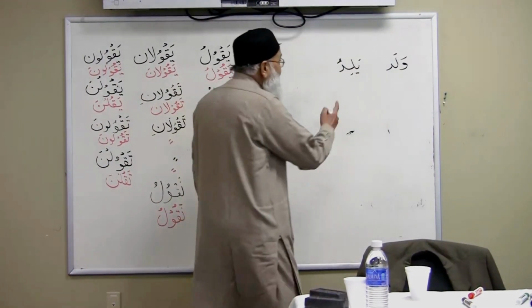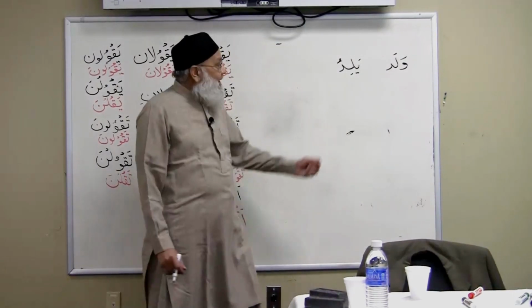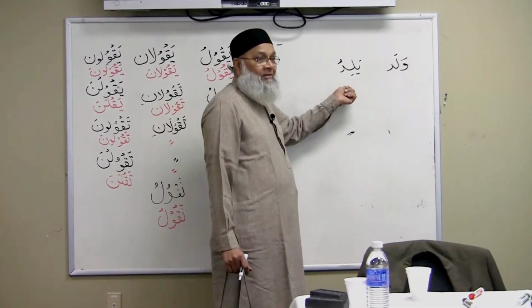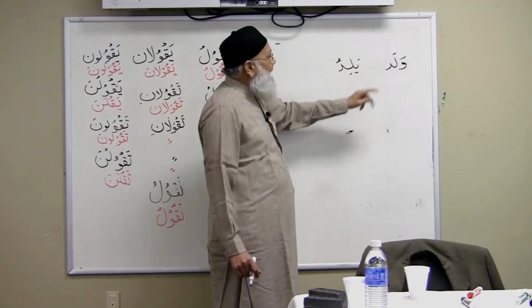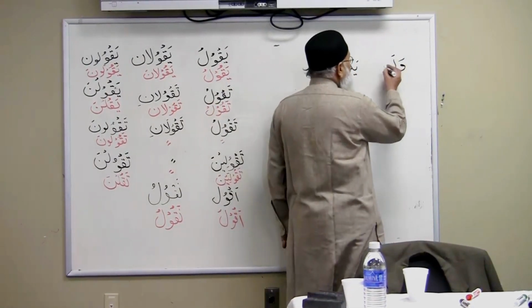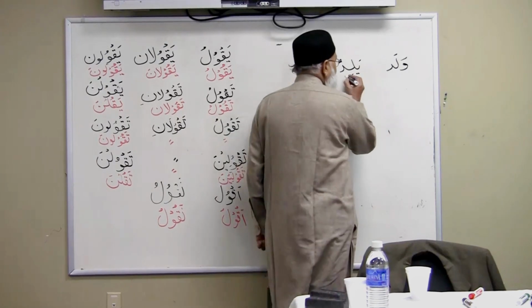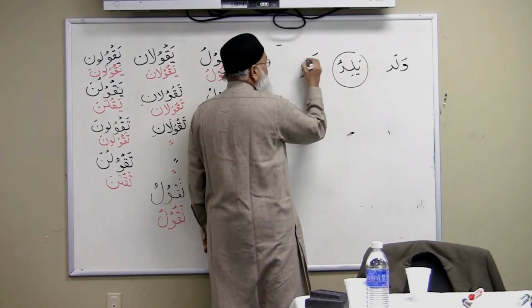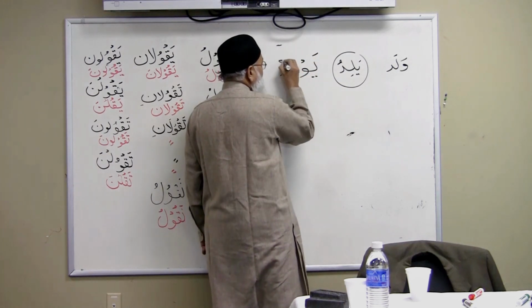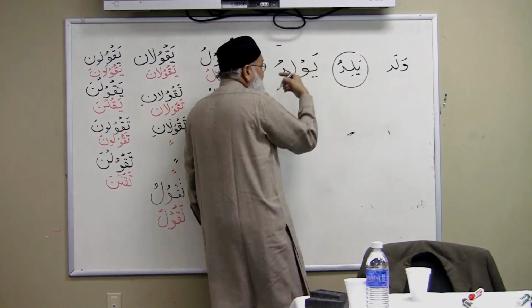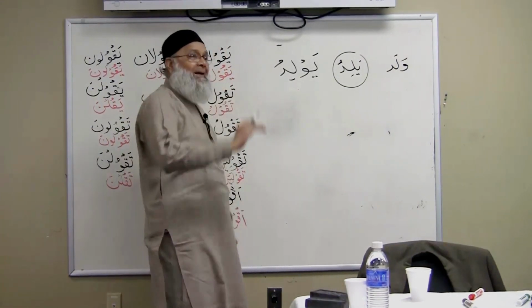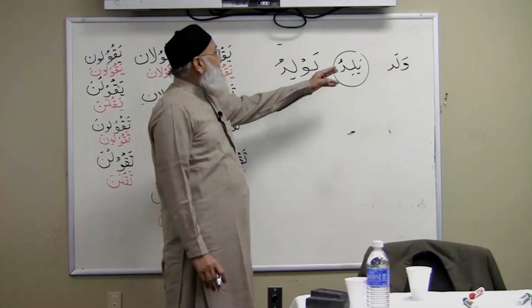So, walada yalidu. Here this is a weak letter. Yalidu is the normal madare. Actually it should have been yawlidu, but since it was hard to pronounce yawlidu, they made it yalidu.